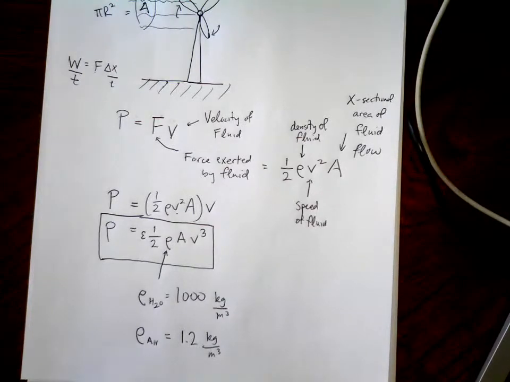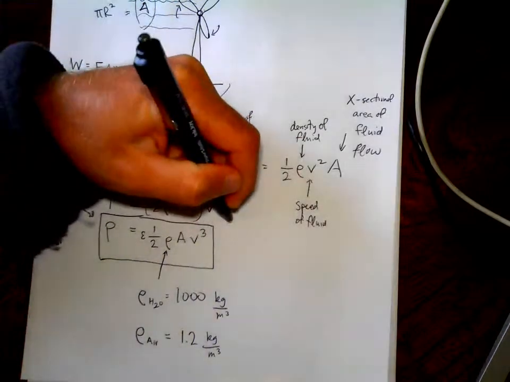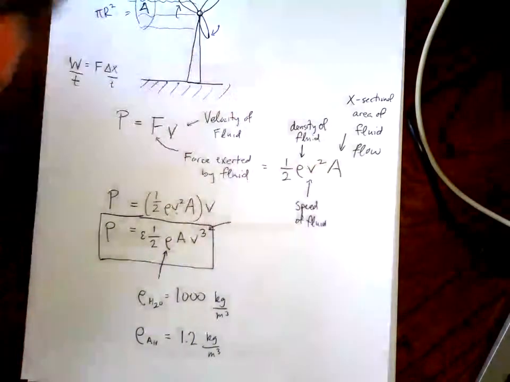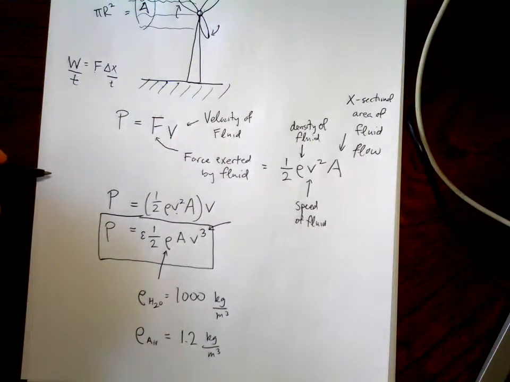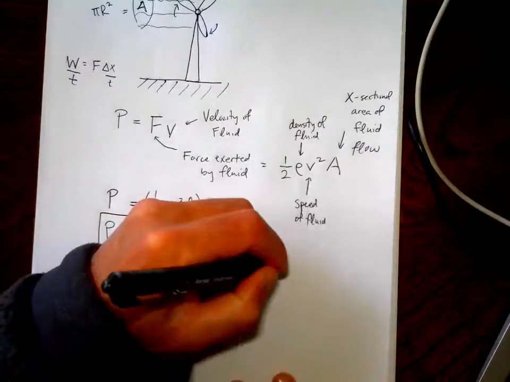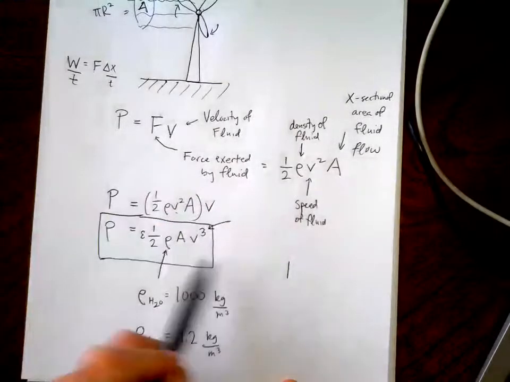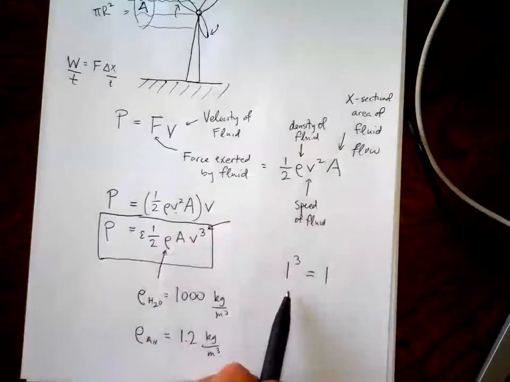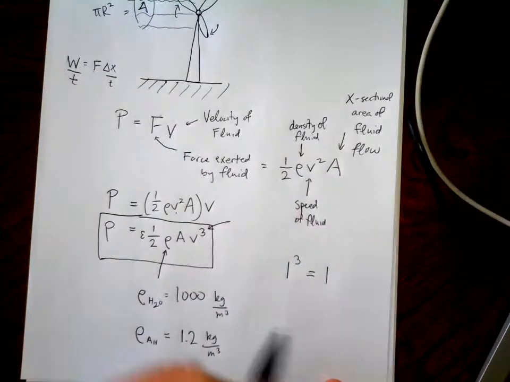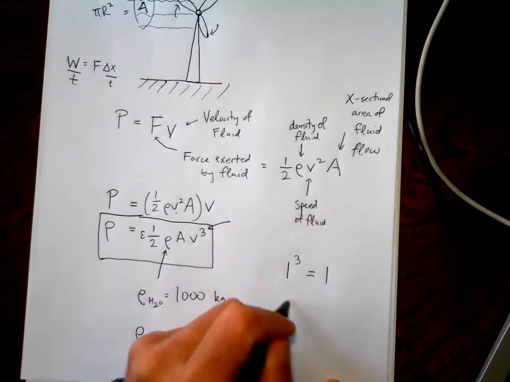The other thing I want you to notice is that there's this factor of v cubed. That means the power output varies extremely strongly with the speed of the fluid. For example, what if the speed was 1? Well, 1 cubed is just 1. But what if the wind speed doubles, going from 1 to 2?